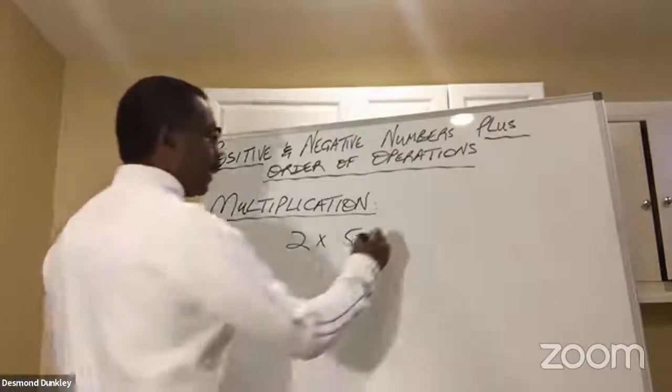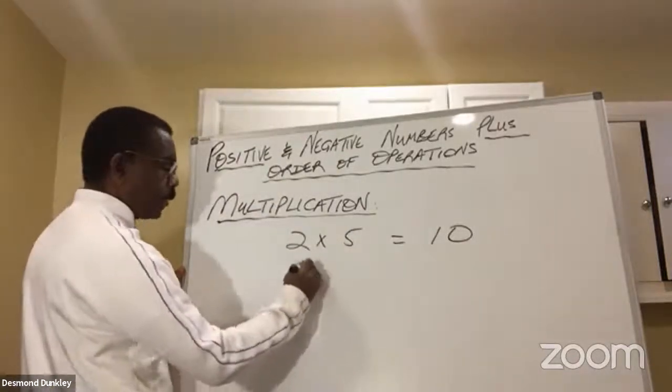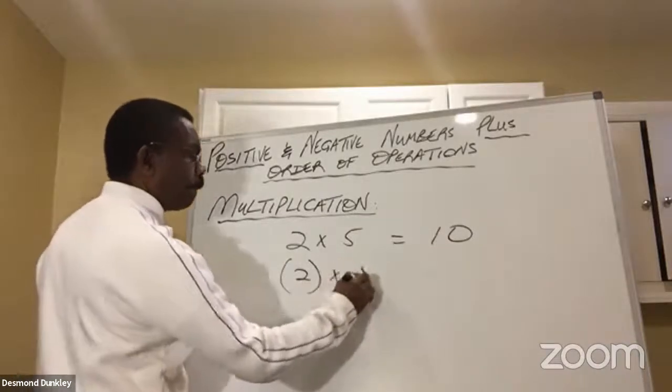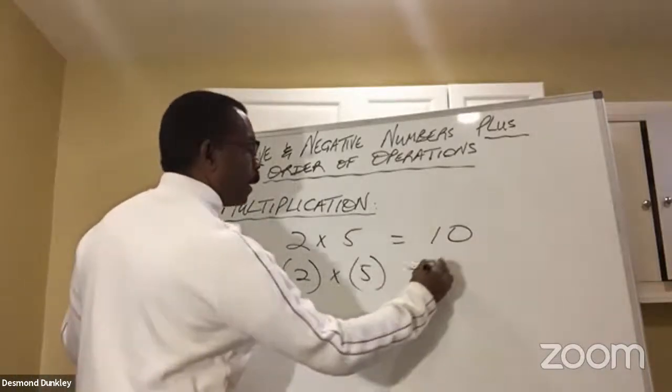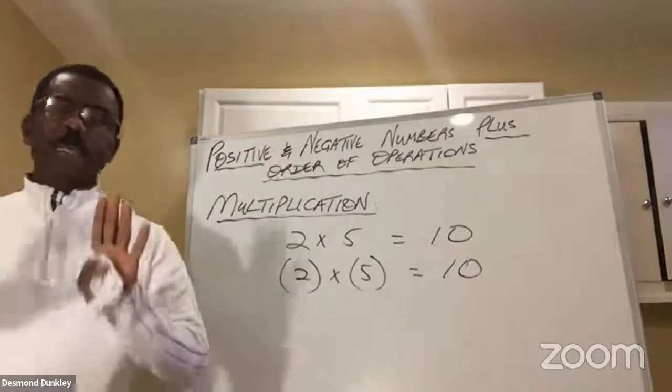We all know that that's equal to 10. Of course, I could have written it as 2 times 5, and that's 10. The sign is positive, so everything is fine.